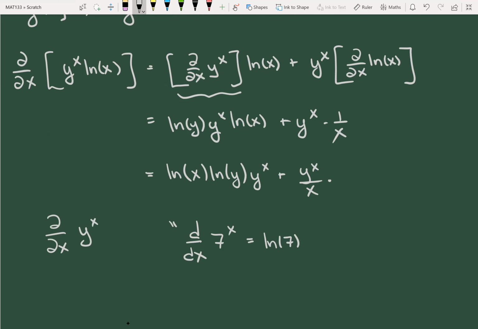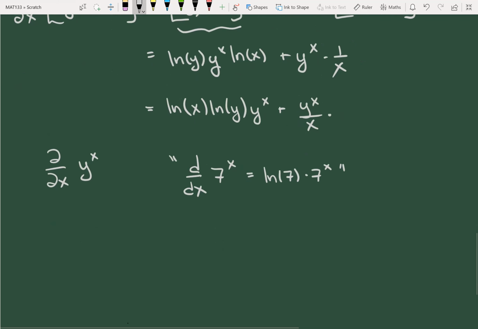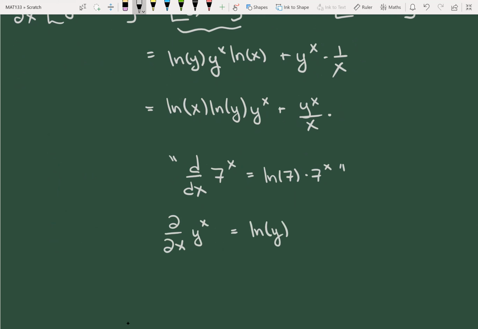It's ln of 7 times 7 to the x, right? So if I want to compute the derivative of y to the x, realizing that y here is the constant, I would get the same sort of thing, only instead of the 7, I've got that constant y everywhere. Does that make sense? Okay, cool.